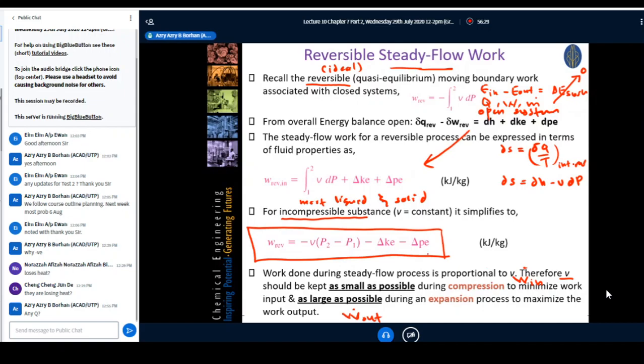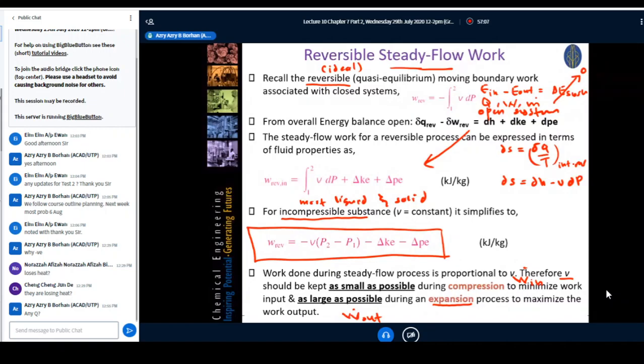Guys, remember, the reason why we have expansion is to have work produced by the system. We want as much W as possible being produced, whether in a piston device or even in a turbine for a control volume. And if you want to compress something, that means you are providing work to the system, so we want to keep it as low as possible.